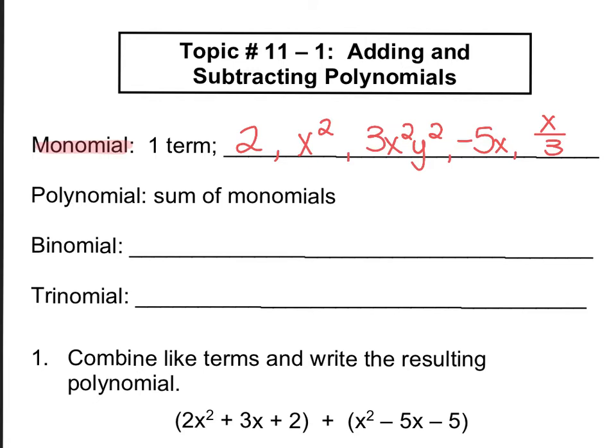All of those are considered one term. So poly means many. So a polynomial will have many terms, and it's the sum of monomials. So we do have a binomial, and as it says, a binomial, bi, like bicycle, would be 2 terms.